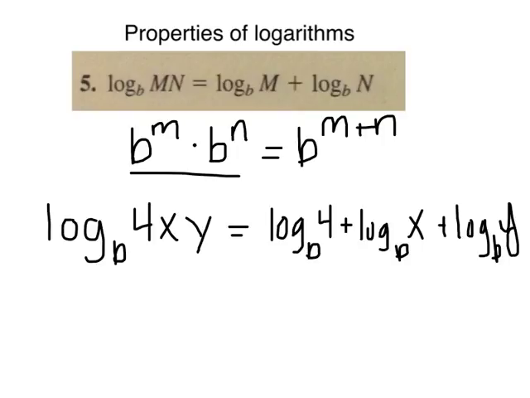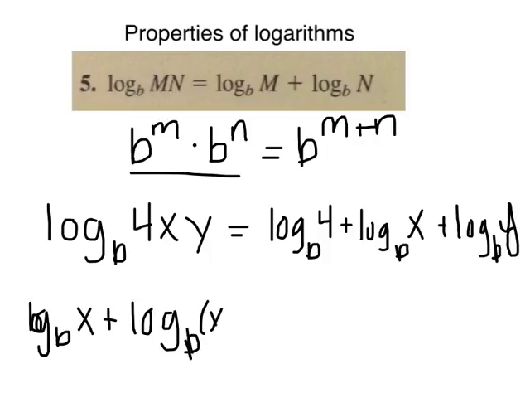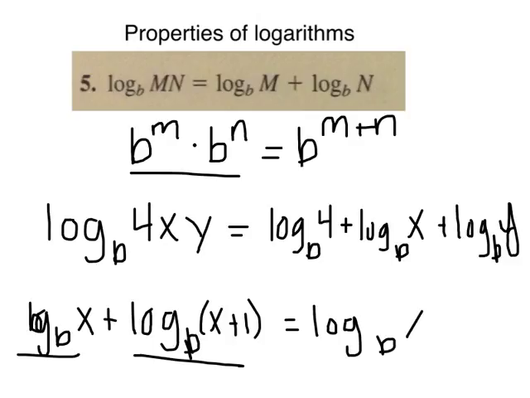So if I had log base b of x plus log base b of x plus 1, you can bring these together because each group has the same base, as log base b of x times x plus 1.